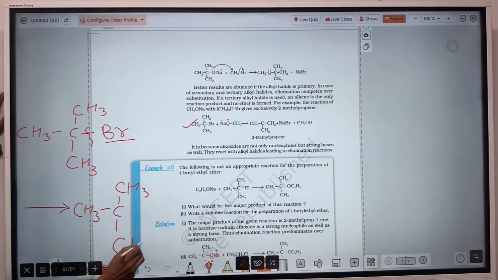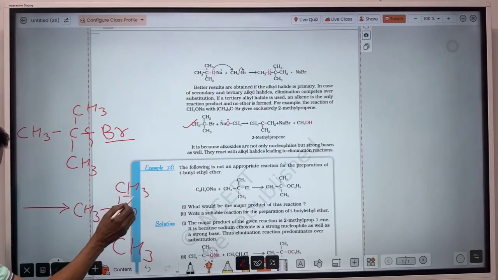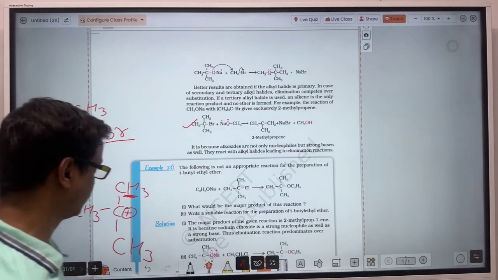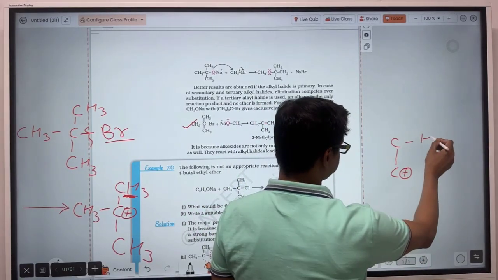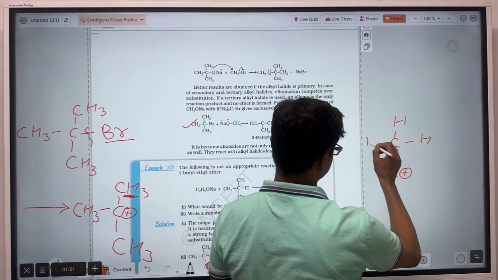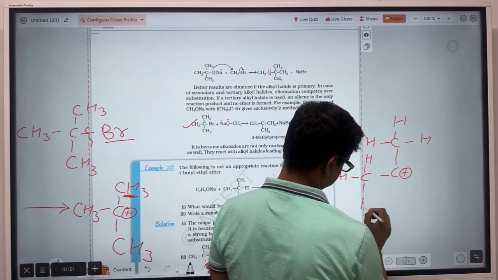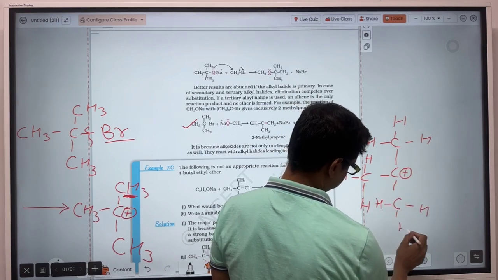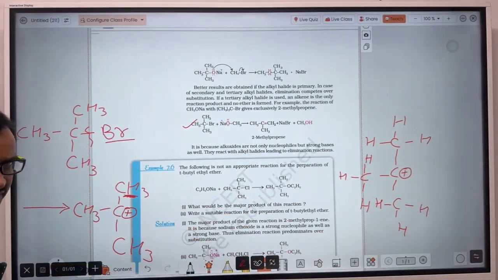So what happens here? A carbocation will form, and this carbocation is stabilized by attracting the electrons of the C-H bond, like in this compound. Suppose this carbon has the positive charge. This carbocation I have written in expanded form.